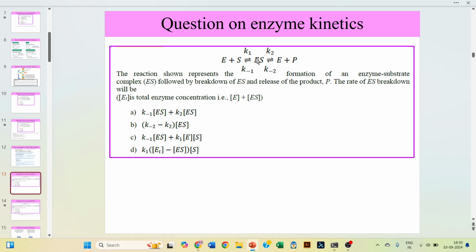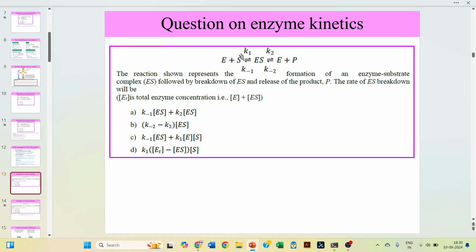Now we know that this is the enzyme substrate complex. Now the rate of formation is either this or this, right? But then it is an assumption of the Michaelis-Menten equation that this does not exist and the enzyme substrate is said to be converted into enzyme and product through a unidirectional reaction, and there is no backward reaction. So we omit this for now.